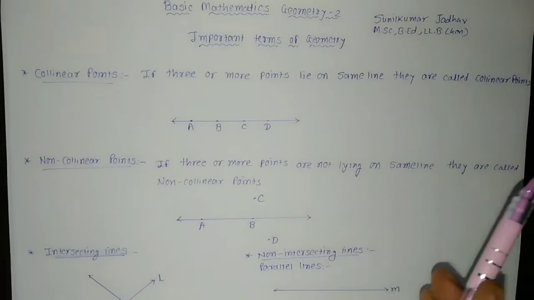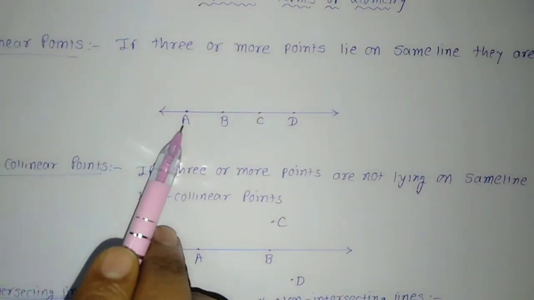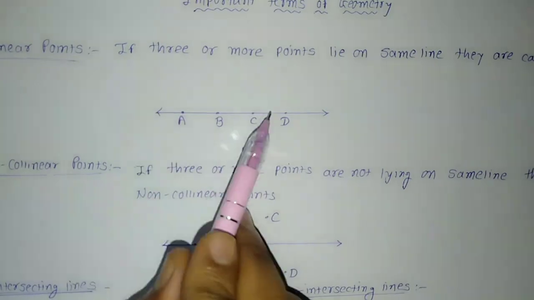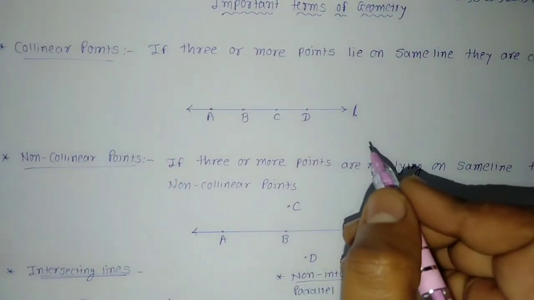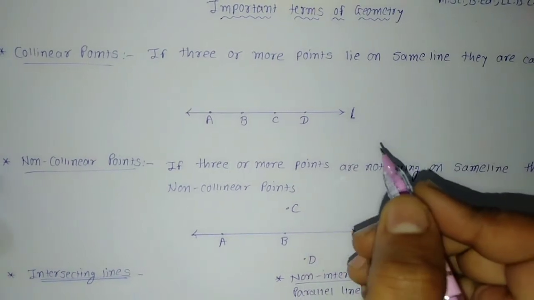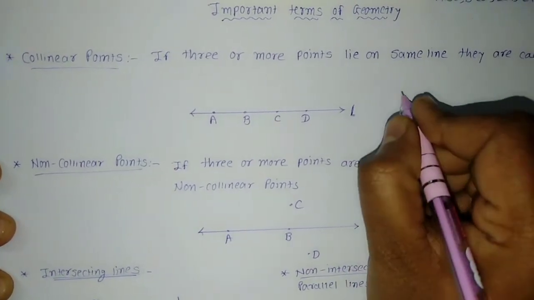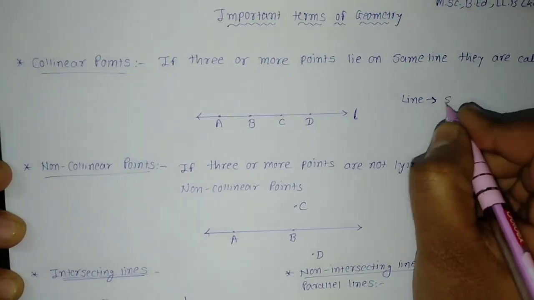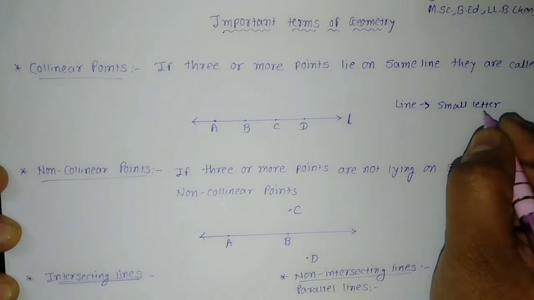points. Say for example, I have taken one of the figures here, that is A, B, C and D. All these 4 points are lying on the same line. Let me consider the name of the line as l. Remember that in basic mathematics, while you are giving the name of any line, you have to represent it with small letters of the alphabet.